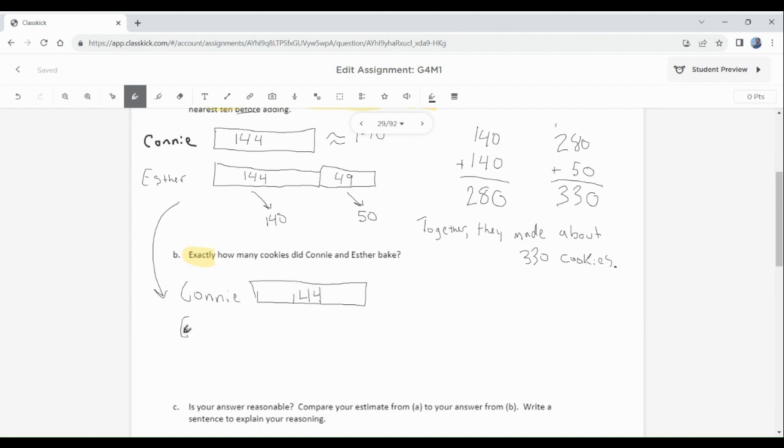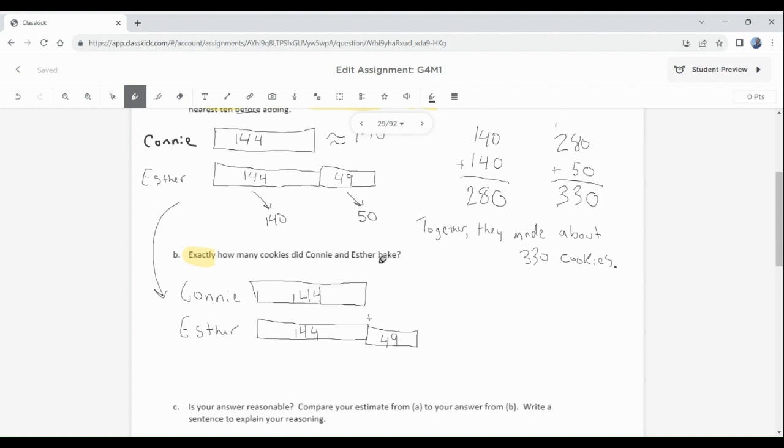And again, Esther made 49 more cookies than Connie, which means she made the same amount that Connie made and some more, and 49 more to be precise. So the second rectangle here is showing the additional cookies that she made.